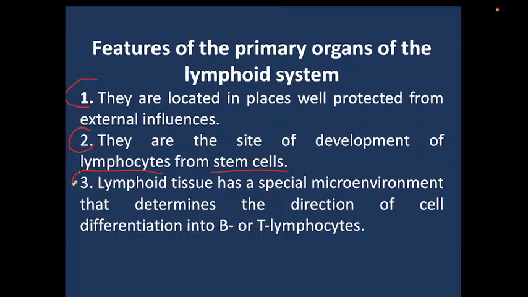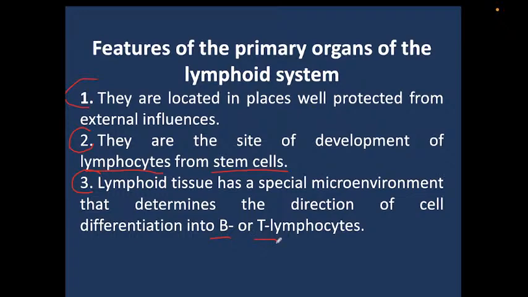And the third feature is that lymphoid tissue has a special microenvironment. It means this tissue which produces lymphocytes has special tissue elements that determine the direction of the cell's differentiation, whether it will be B or T lymphocytes.